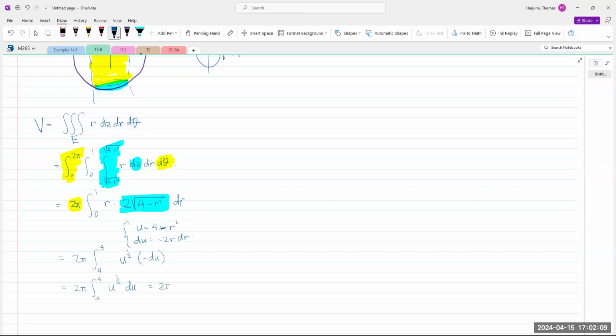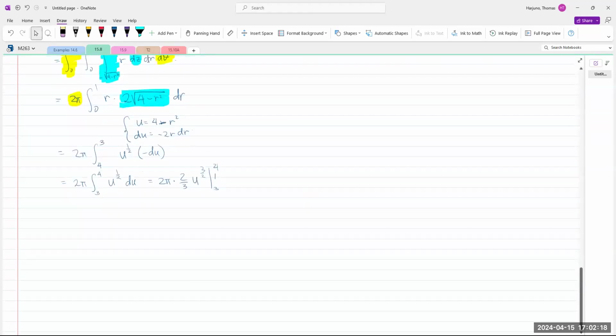This is 2 pi times 2 over 3 u to the power of 3/2 from 3 to 4. So that is 4 pi over 3 times 4 to the power of 3/2 minus 3 to the power of 3/2. 4 pi over 3 times, that's 8 minus 3 radical 3.